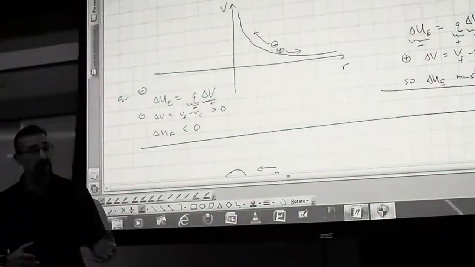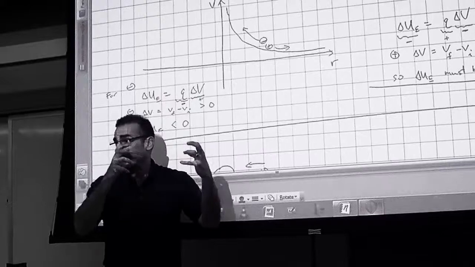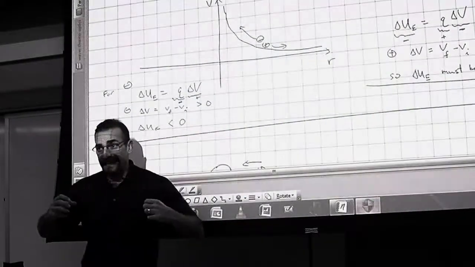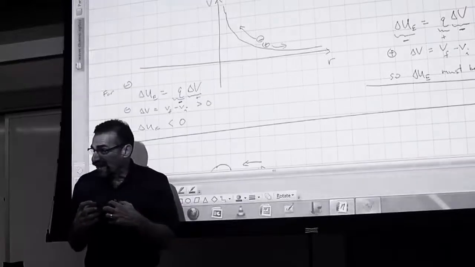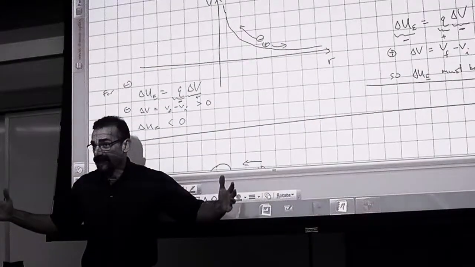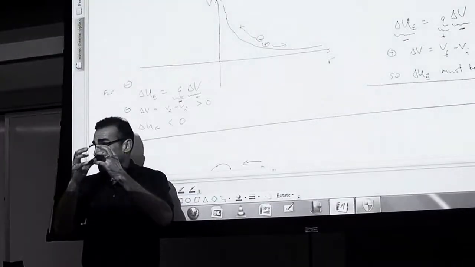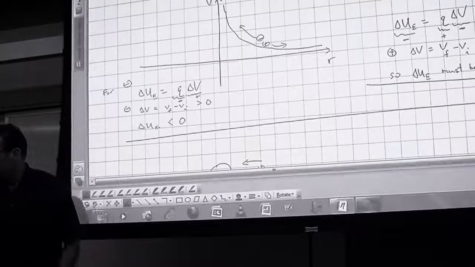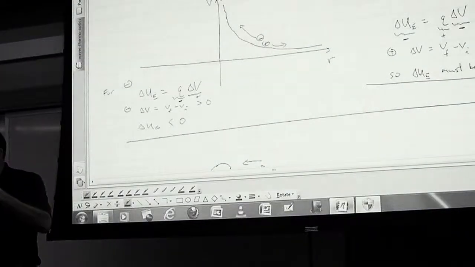You could think of those two charges kind of like a spring. Pushing those two positive charges together is like compressing a spring, right? There's a lot of stored energy in there. You let go of the spring, it springs back to its natural length. You let go of those two positive charges, they shoot apart. It's got energy stored because you've pushed them together.